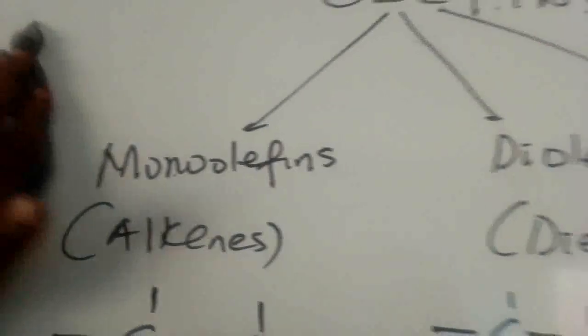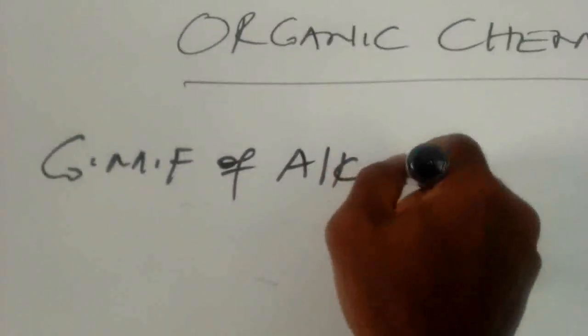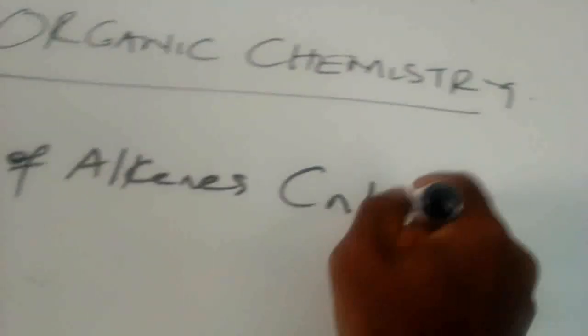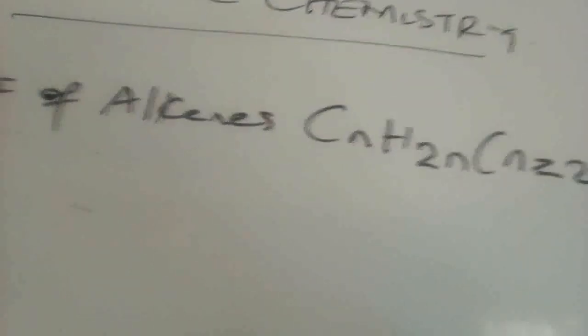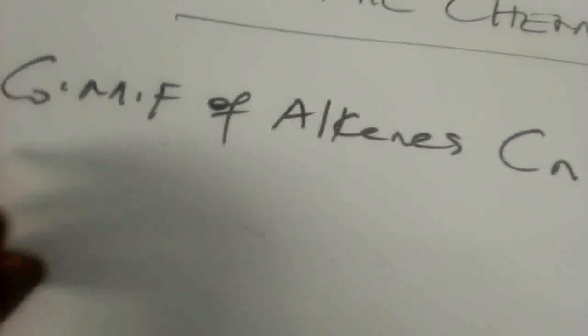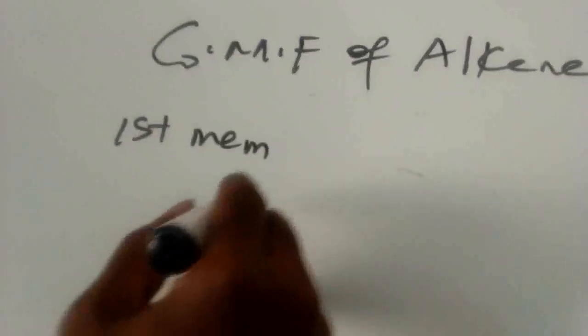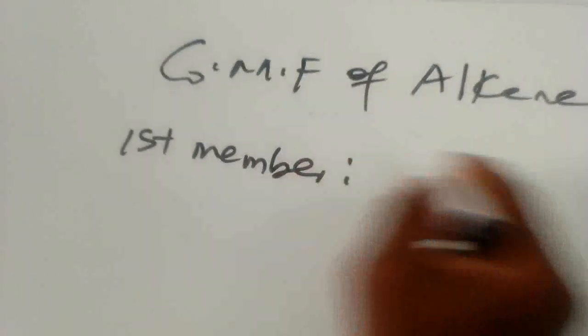Okay, now having done that, we'll now move into the nomenclature of alkenes. So the general molecular formula of alkenes, as we already described, is CnH2n, where n starts from 2, being unsaturated. For the first member of the alkene family, I'll replace n with 2, not 1.